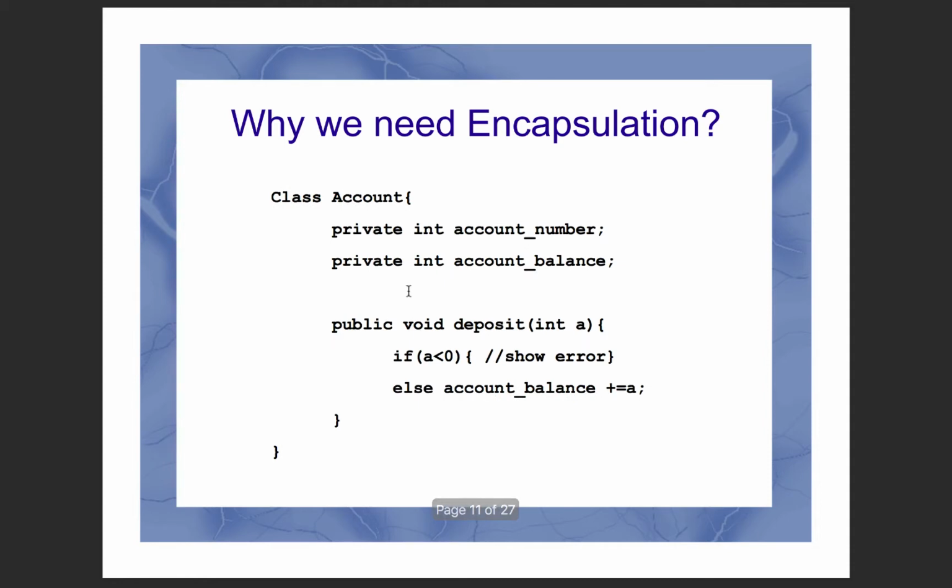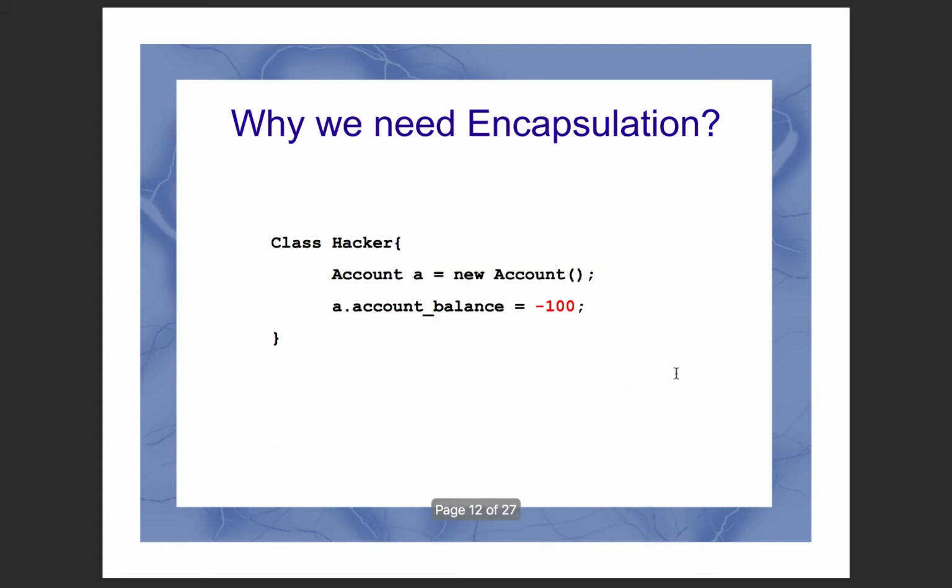That's why we keep them private, and we create some public methods so anybody can manipulate those private informations through a public method. That means we can have some control over confidential information. If we don't have any controls, then probably a hacker can change our account balance directly. So this is the idea.